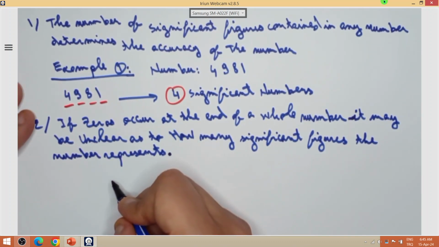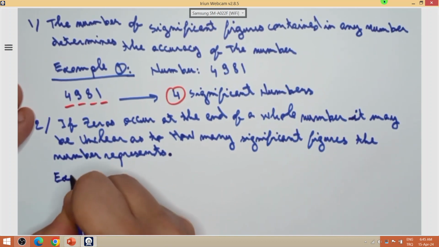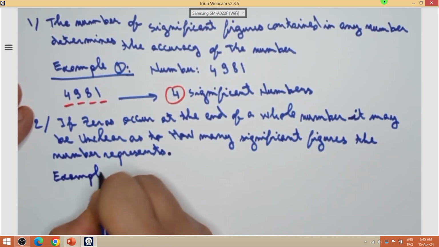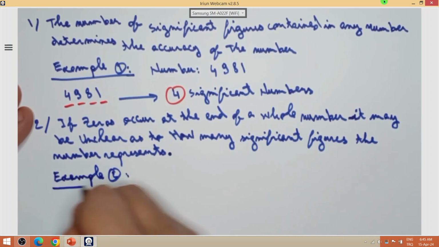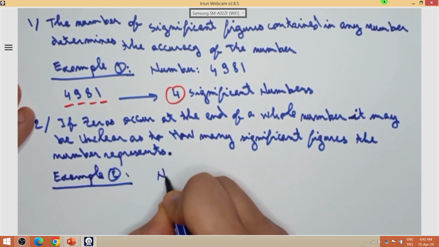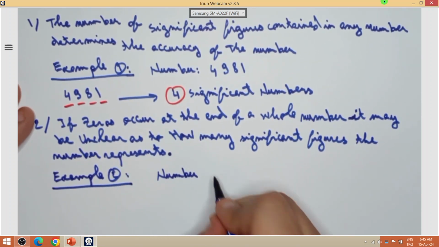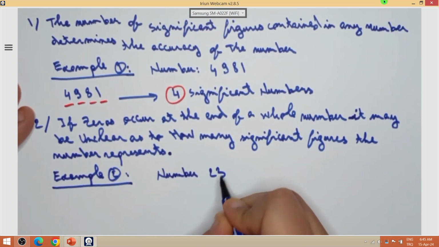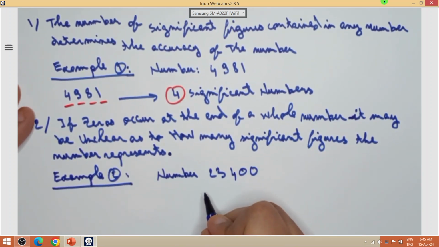So this is example number 2. In this example we'll see another number, which is 23,400.